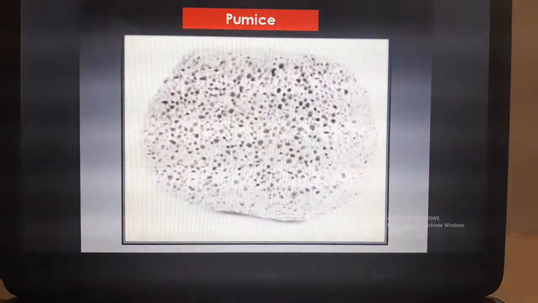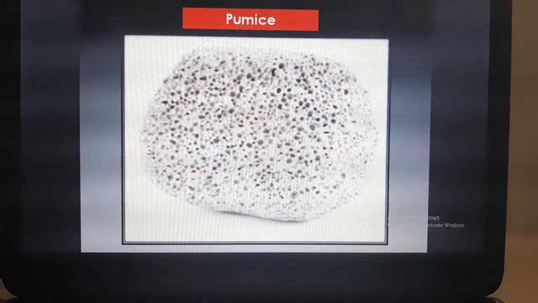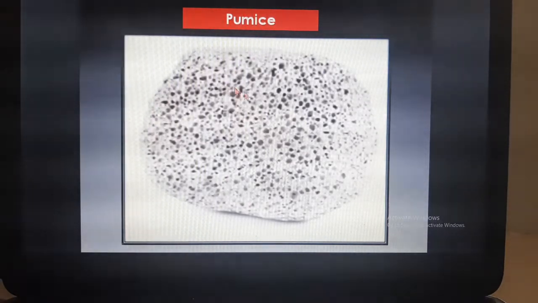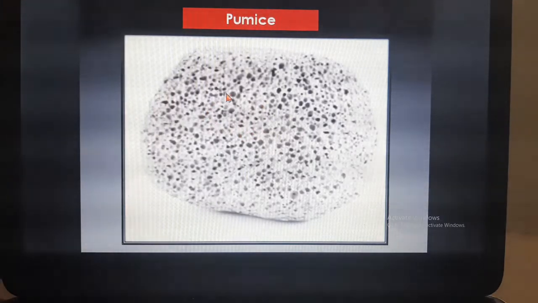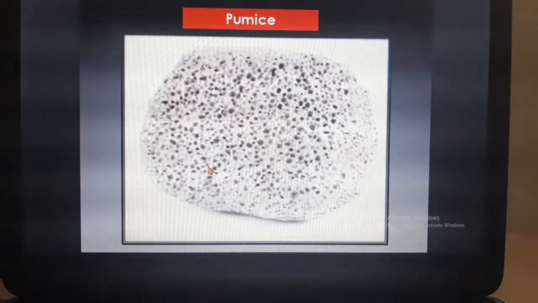Next, students, see this stone carefully, everyone. You can see that it is porous. Porous means small holes.